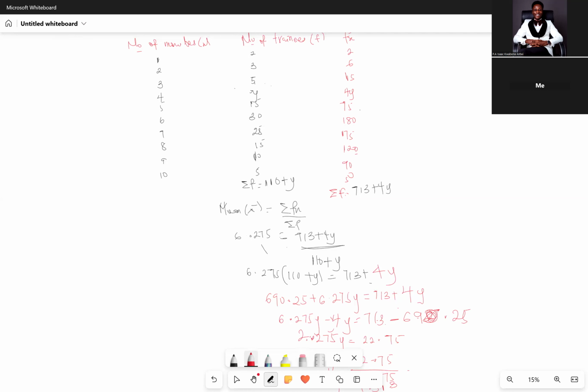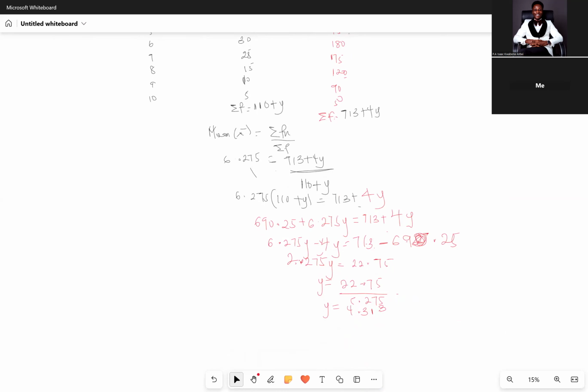Correct. It's equal to 713 minus 690. Right? Yes, sir. That one is 22.75. So 22.75 all over, so it will be divided by 2.275.